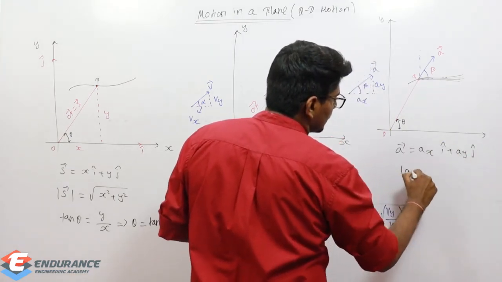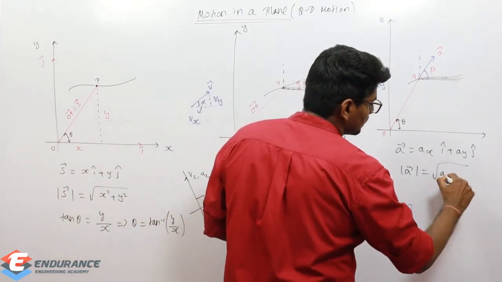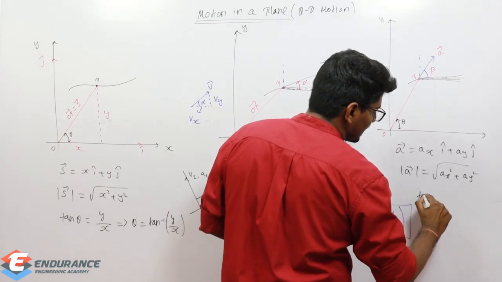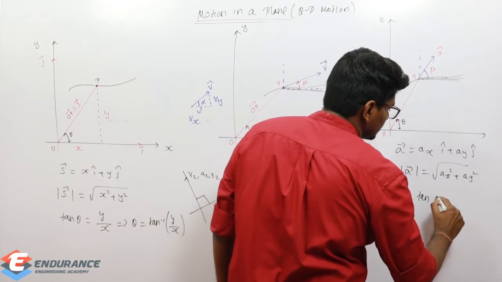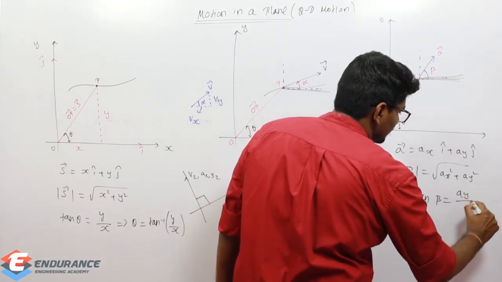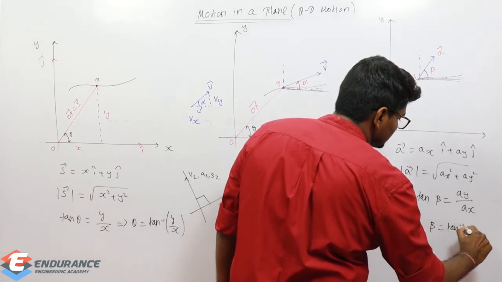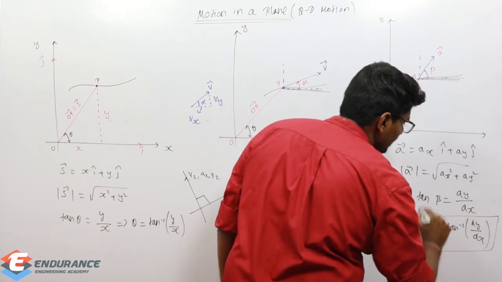The magnitude is going to be root of ax square plus ay square. And tan beta, opposite by adjacent, is ay by ax. So beta is tan inverse of ay by ax.